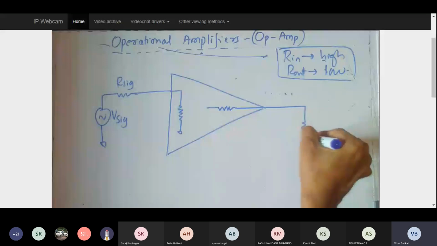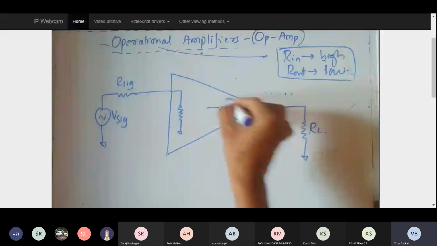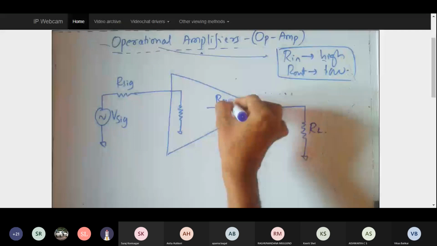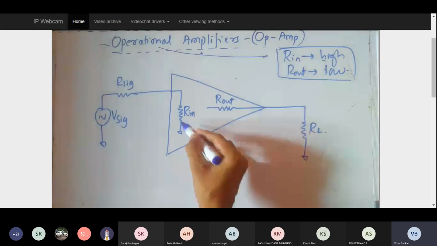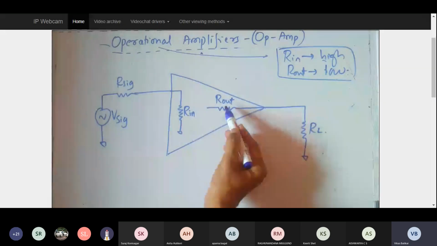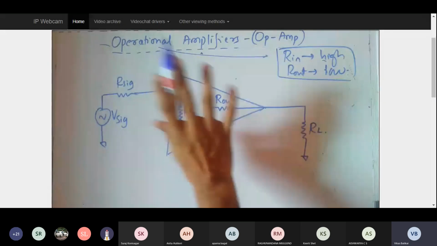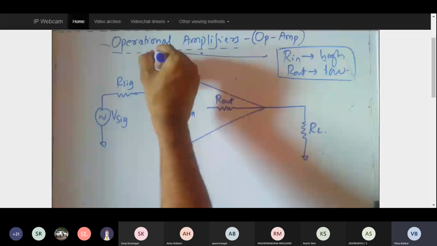So this is my R out, this is my R in. So this is how I'm going to consider the input resistance of the op-amp and the output resistance of the op-amp. And basically, op-amp can be either current amplifier no behave agbodu, voltage amplifier no behave agbodu, or it can behave as any sort of amplifier.